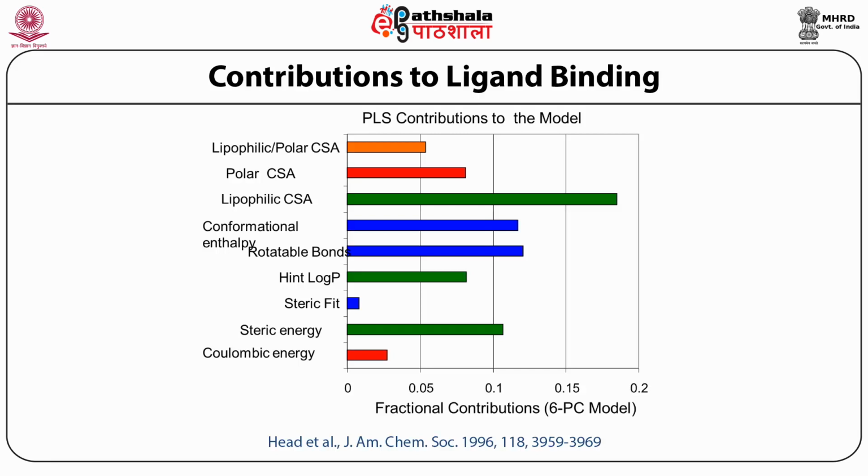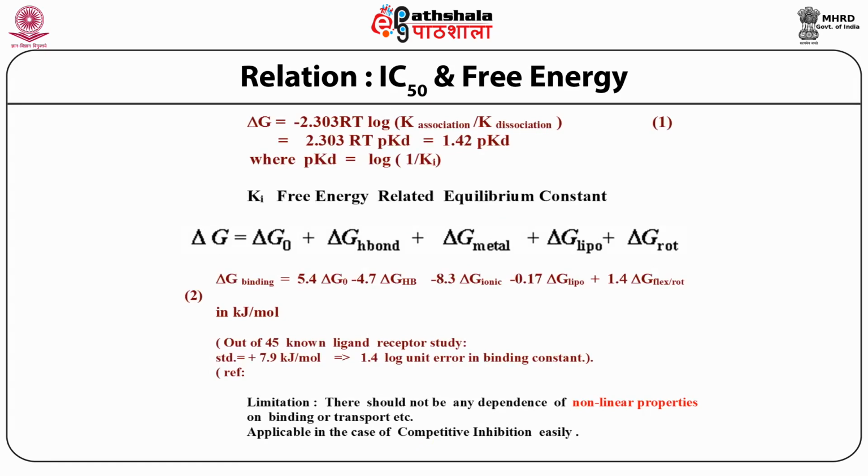This has been derived from a PC model or 6 PCA type models from the interaction energies, which I discussed earlier. I reconfirm to all of you how the values I showed earlier were derived. Here is a simple explanation of what was done in-house, with 45 known ligand receptors.